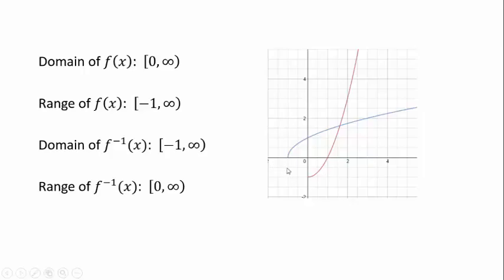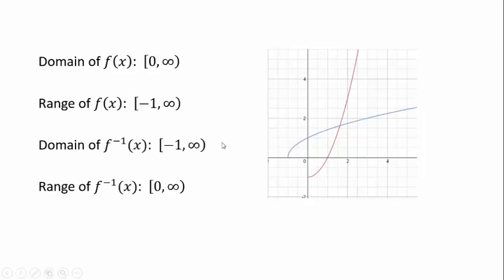Remember, range is y values. We can see that the smallest y value lands right here at -1. Notice that this is -2 down here, so this isn't -1, it's right here. From -1 on up to infinity, those are where our y values occur. So that's why we have -1 to infinity as our range.